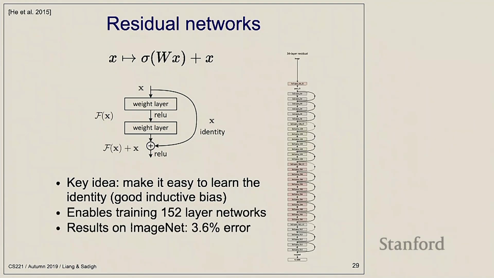So it also helps with training. In backpropagation, if you take the derivative of the loss with respect to your input, that derivative is just going to be 1 for this part of the sum. And so you could think of it as giving the error signal a kind of highway through the network.